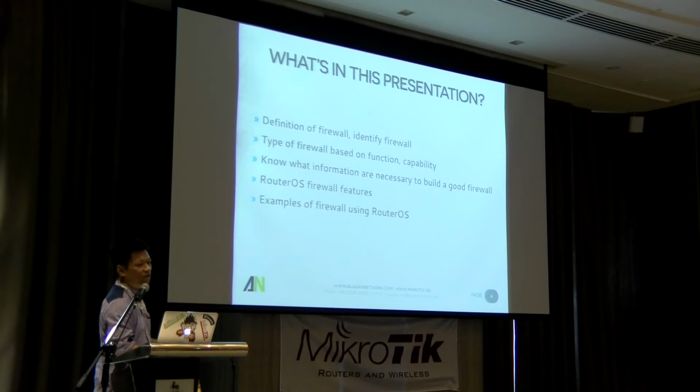If you have a firewall, most probably you have a routing function inside. If you have a router, you might have a basic firewall function inside. We'll also look at the types of firewall function and capability, and what information we need before we start building our firewall.